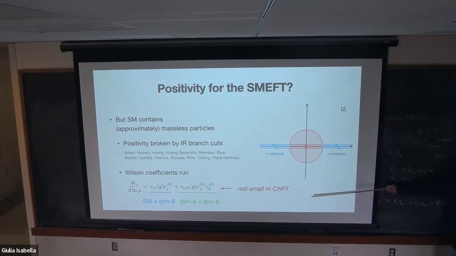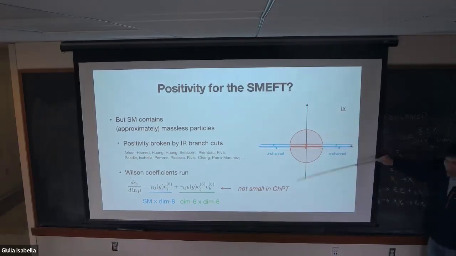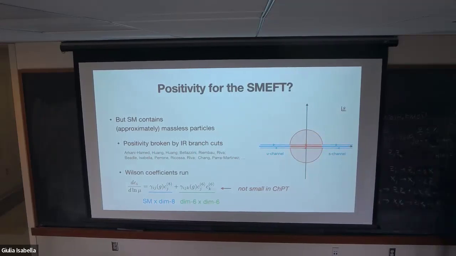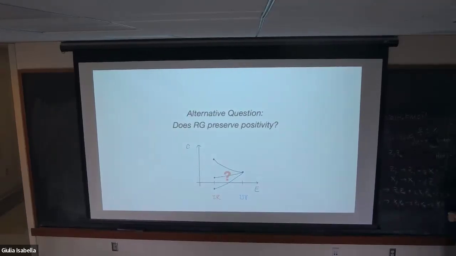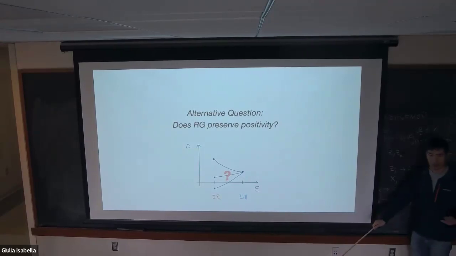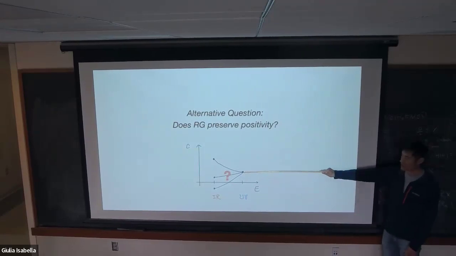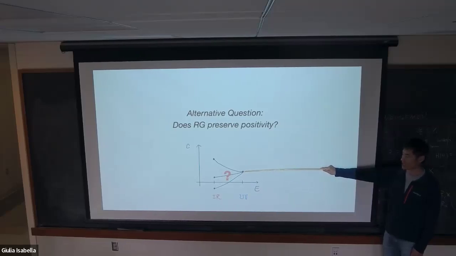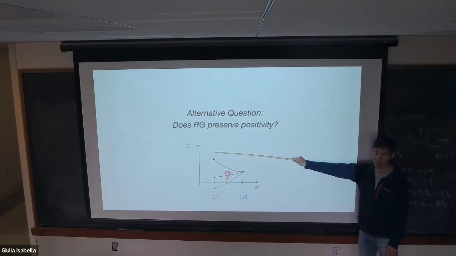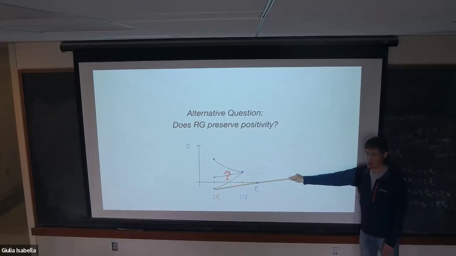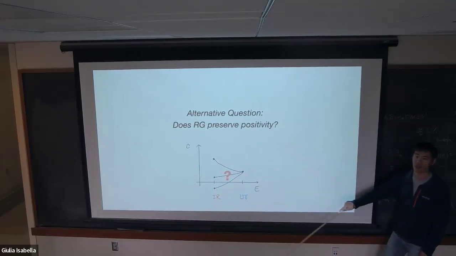Good. So I'm not trying to do what they've been doing already, trying to study how this arc will modify the positivity bound. The alternative strategy we want to ask is: forget about positivity bounds. Suppose you have a coefficient that's positive at the matching scale. Does RG running bring you to the more positive side, or can RG running bring you to the negative part?